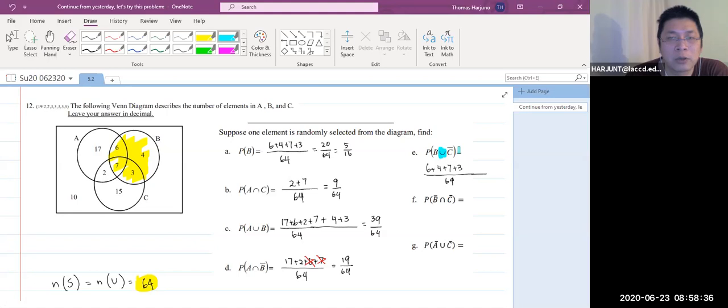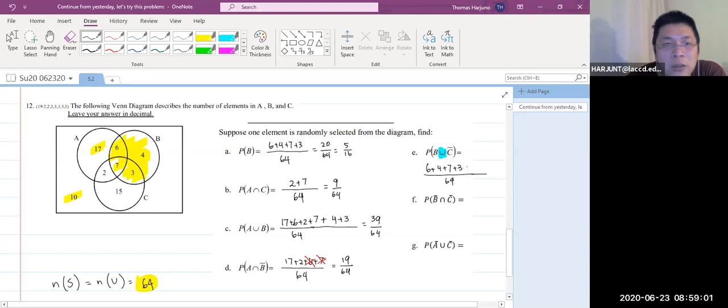Because OR implies it has to satisfy either one of B or not in C. Not in C refers to this guy, this guy, this guy, this guy. Okay, so what else do I need to add here? I already have the ones in B. Now I also need to include the ones not in C. That's 10 plus 17.